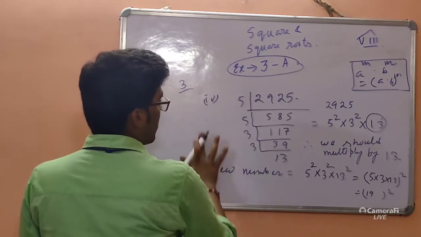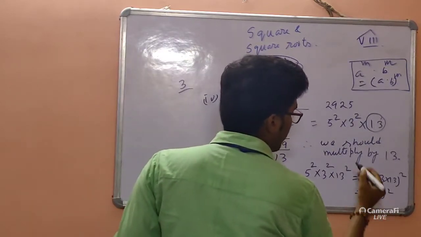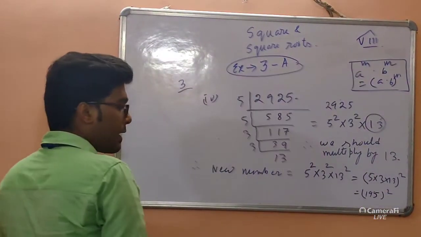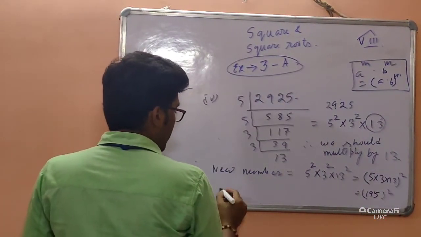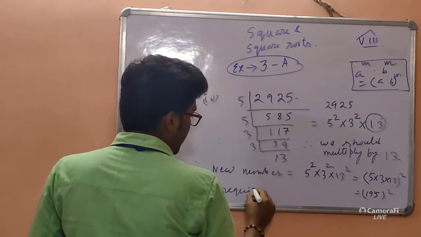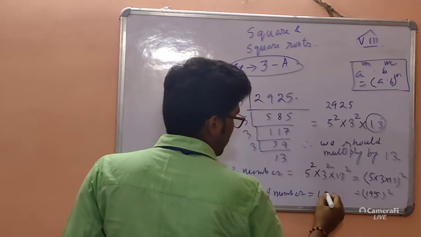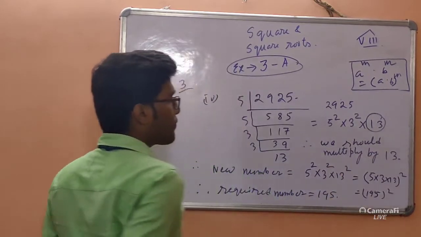So what do you have here? 195. The new number is what? 195 whole square, right? Therefore the required number is equal to 195.